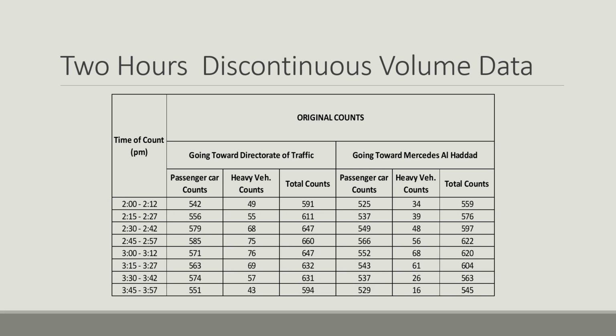The column of passenger car counts shows the total number of cars for each period for the 3 lanes, and the column for heavy vehicle counts shows the total number of heavy vehicles for all the 3 lanes, and the third column, the total count, shows the summation of heavy vehicle counts and passenger car counts. And the same procedure is done for the other direction.